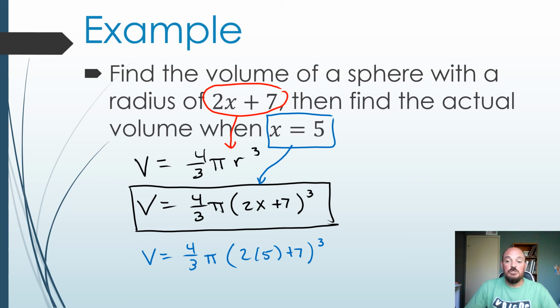Those are both supposed to be 2x plus 7, so let's clean it up. We have 4/3 pi times, and then 2 times 5 is 10, plus 7 would be 17 to the third power. And at this point, I'm going to have to reach for a calculator. I don't know what 17 to the third power is. So let's multiply this all out together.